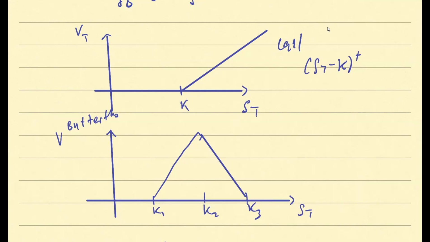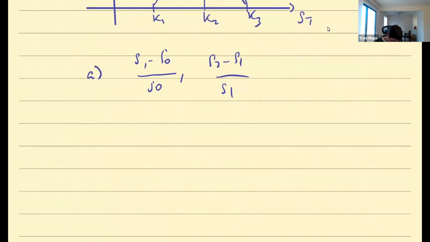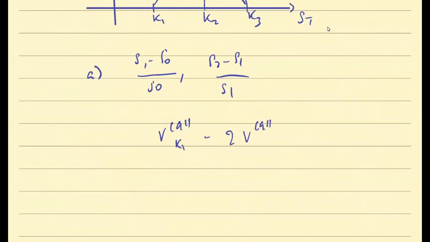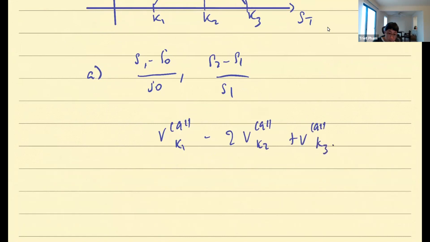But basically, the whole point is you need to replicate using calls and puts. The answer is something like V call K1 minus 2 V call K2 plus V call K3, if I remember correctly. That's the replicating portfolio for the butterfly.